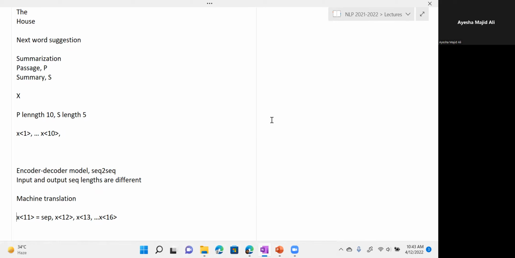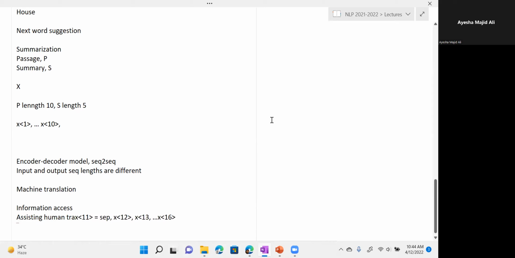And of course, information access, you can think of many, many real world applications. So I don't think I need to mention those. So another broad application is for assisting human translators.